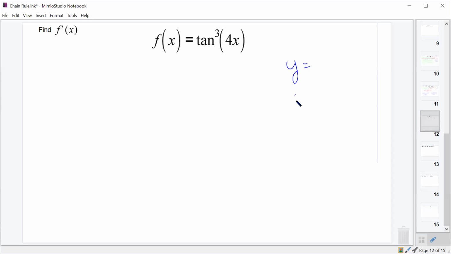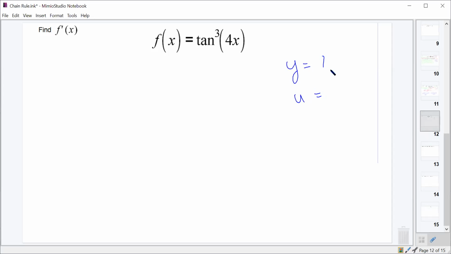Y equals what in terms of u, with u equal to what? Y equals tan cubed u.